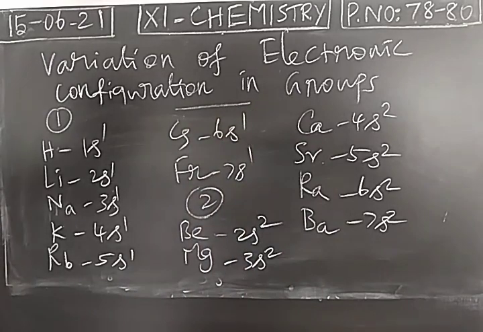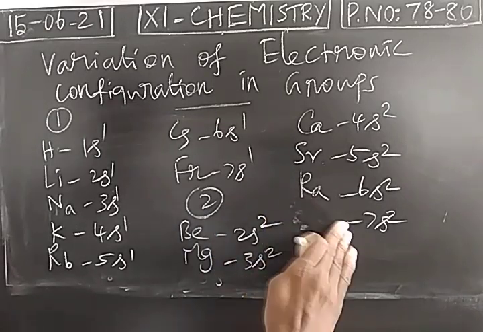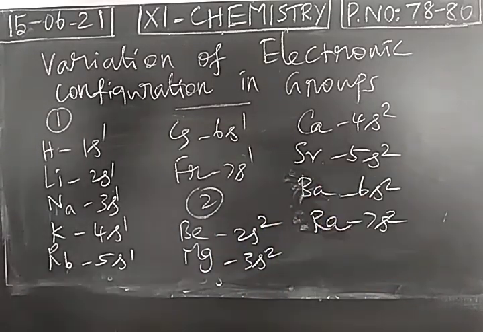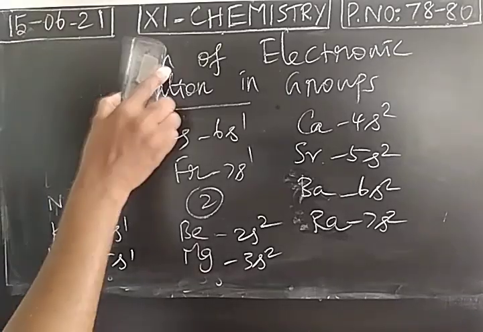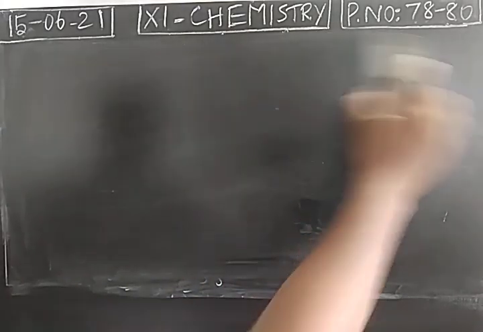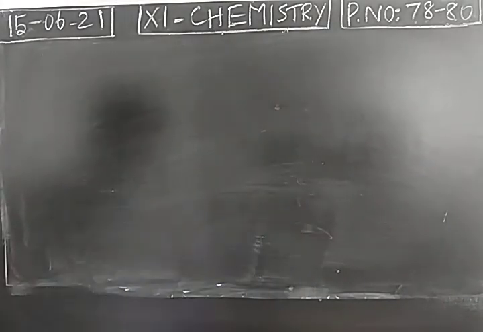All these elements have similar properties. So the main thing we have to see in a group is that the outer electronic configuration of the elements will be the same. Elements with a similar outer electronic configuration will have similar properties.